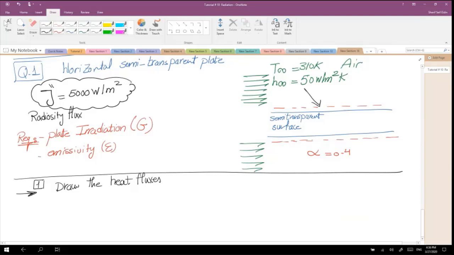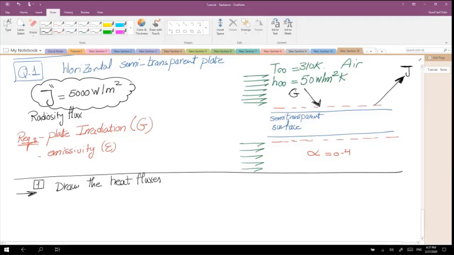So we have incident radiation, and we have radiosity J. We don't have to break down J. As I told you before, J can be anything leaving the surface, which is given to you here, based on the definition that I have told you before.